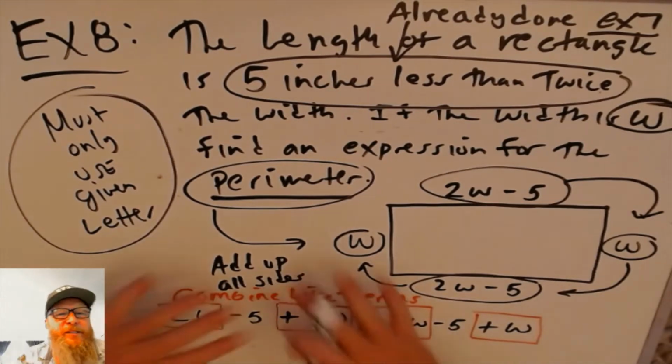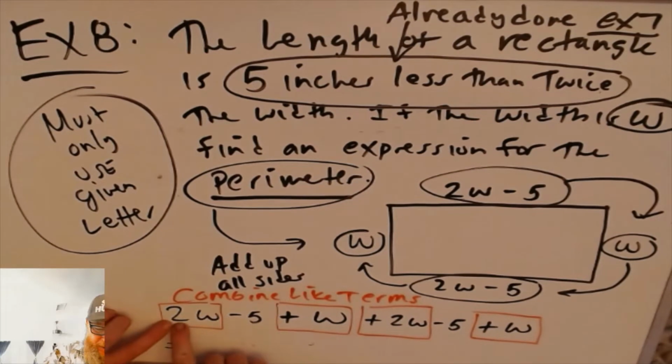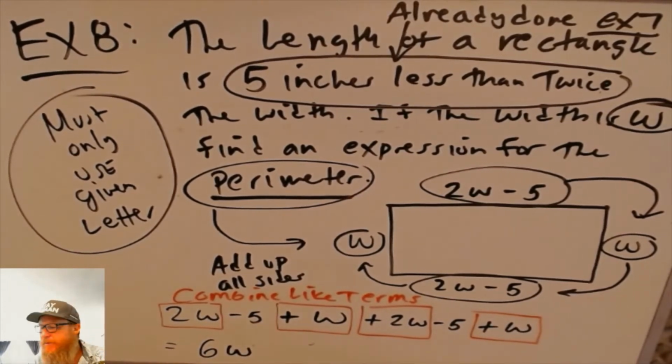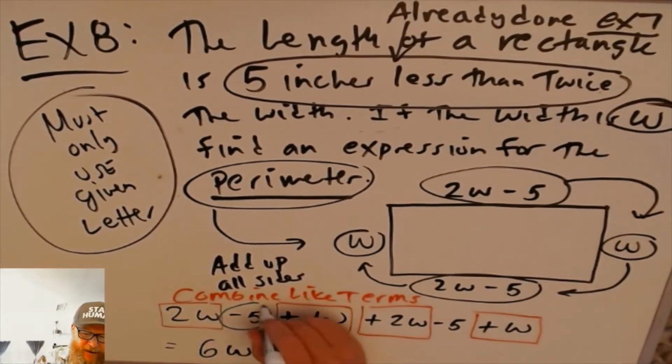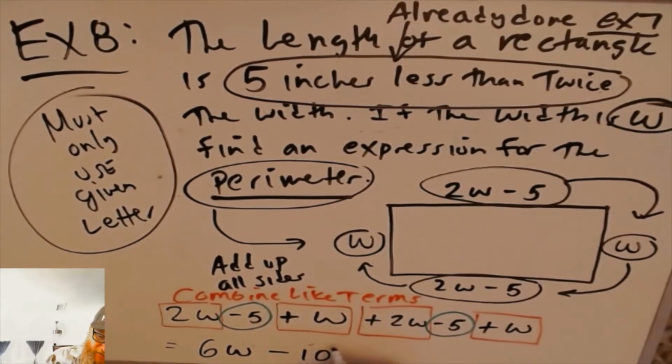That's one of the reasons why we only want to use one letter. 2 W's plus 1 W plus another 2 W's plus another 1 W is a total of 6 W's. And then I got the minus 5 and the minus 5. That's going to be minus 10.